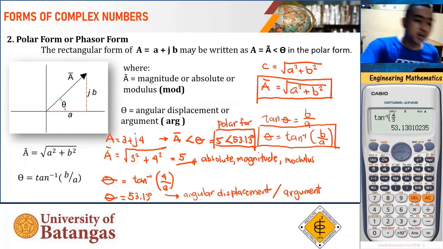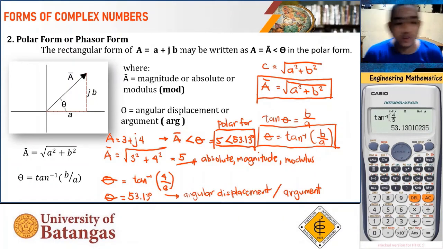Okay, huwag kayong mag-alala. Kapag kukunin nyo naman yung absolute, angular displacement or argument, tsaka yung ating polar form, hindi naman laging ganyan yung ating magiging method. So, pwede naman nating pindutin lang sa calc yun. So, pakita natin.